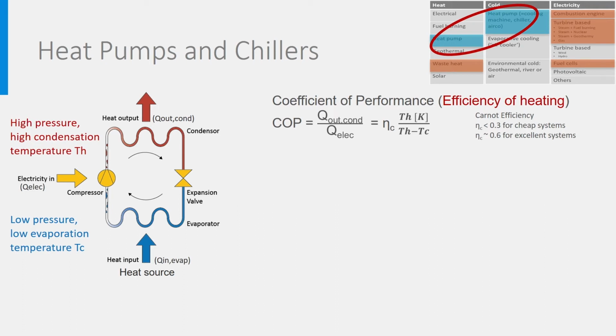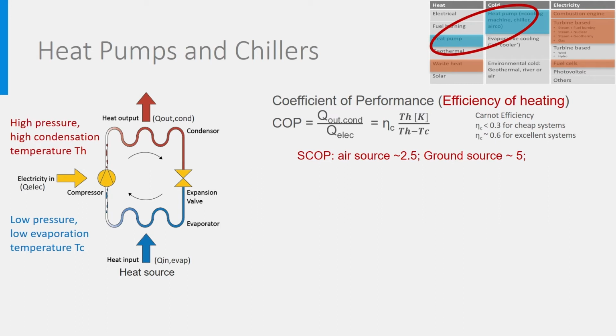The smaller the temperature difference Th minus Tc, the better the COP of the heat pump. That is why heat pumps perform better with low temperature heating, like floor heating, and high temperature sources, ground rather than cold outdoor air. See here some typical seasonal average values of COPs, called SCOP, for different heat sources.